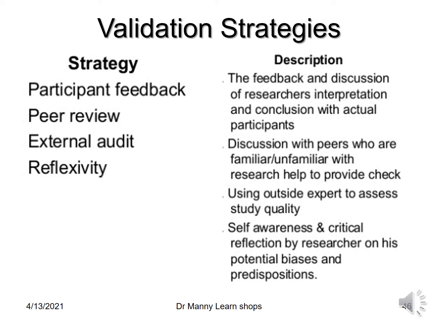Discussion with peers, academics, who are familiar or unfamiliar with the research, which helps provide member checks. Using outside experts to assess the quality of the study. And self-awareness and critical reflection by you as the researcher on potential biases that you might have introduced and your predispositions. A priori analysis.